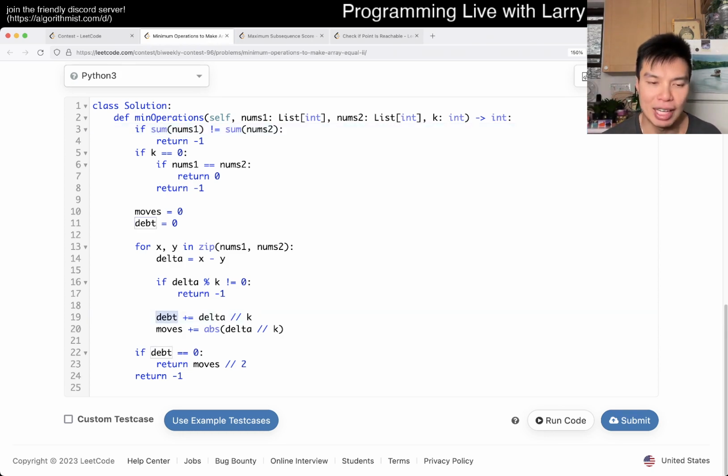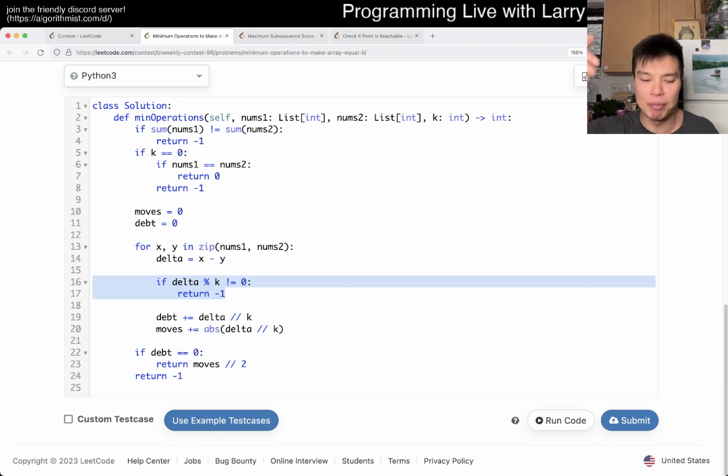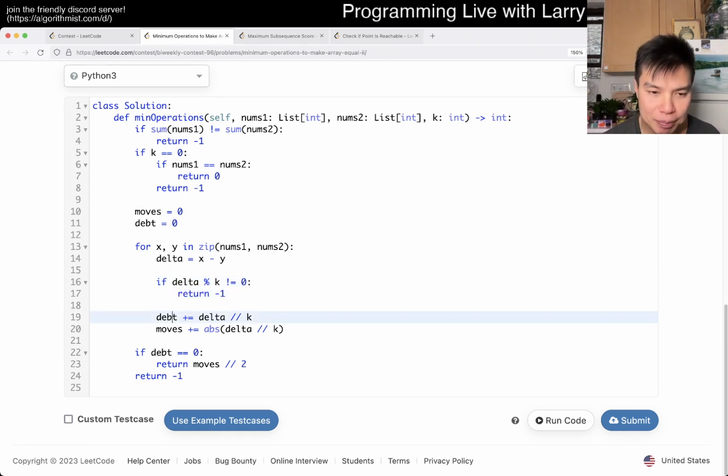Basically I go, okay, in this case, delta can be negative. And also, if the delta is not a multiple of k, then you cannot get to that number no matter what, so I return -1. Otherwise, there's this idea of delta being a signed number, meaning that it could be negative.